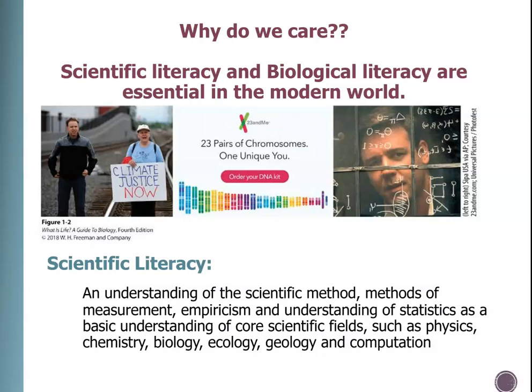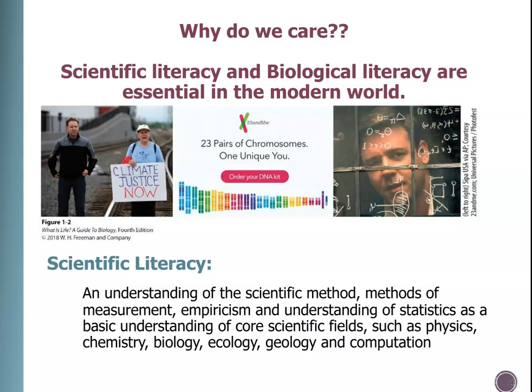So these might be decisions about your health, your diet, your interaction with others, the environment. By understanding how we do science, it can help you make decisions that are going to benefit you, your family, the things that are important to you, and society.